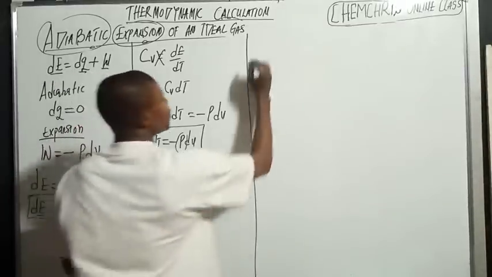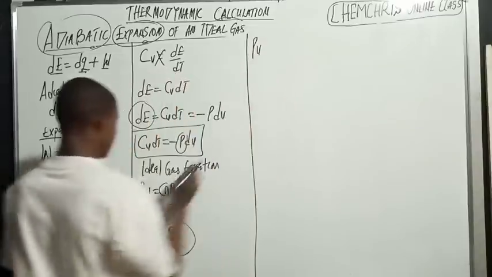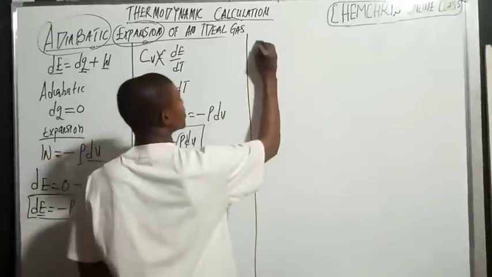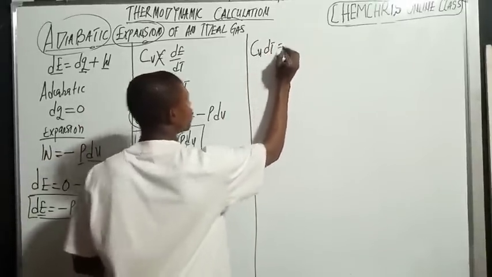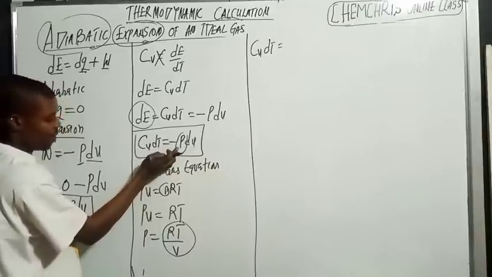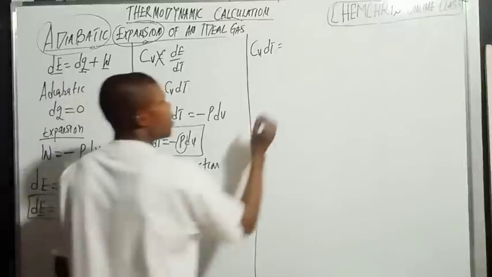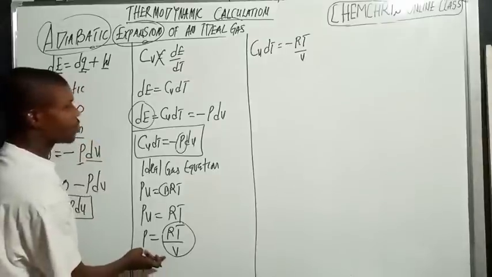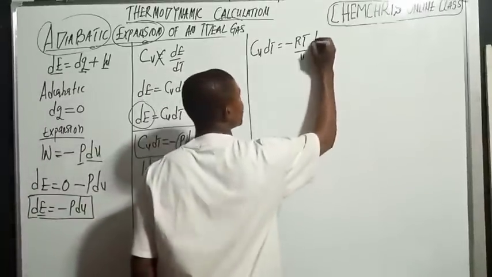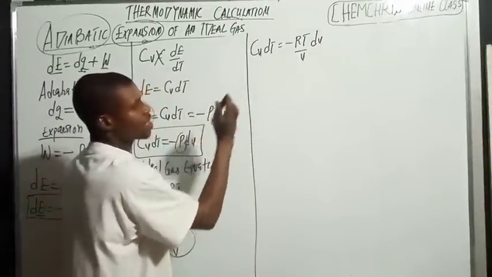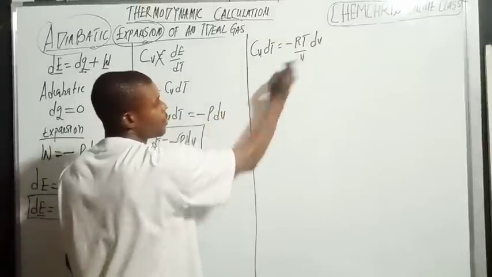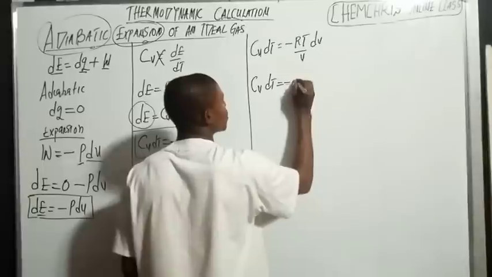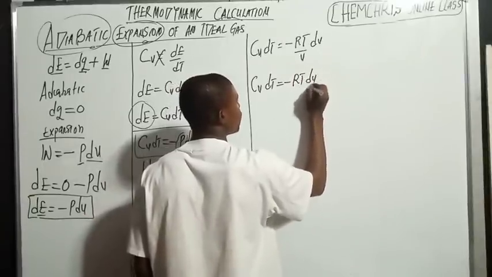I can say CV change T equals, now because here I have minus P, and P is already RT over V, it's going to be minus RT over V, then change in V. In order for this to make more sense, I can write it like this: CV change T equals minus RT change V over V.